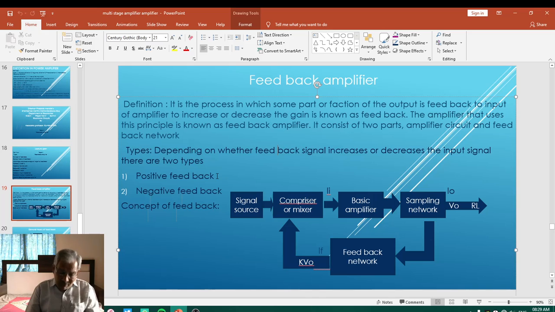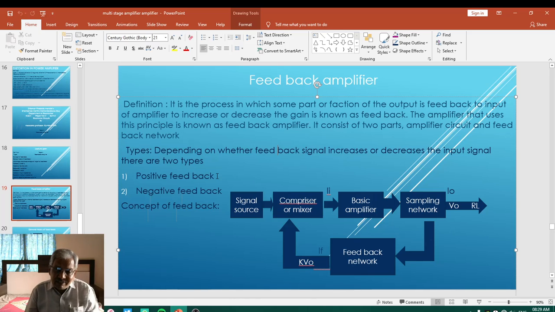And when the part of the output fed back to the input is in phase with the input, it is added into the input so that the input is increased. This increase in input naturally increases the output voltage. In turn, the gain of the amplifier also increases.